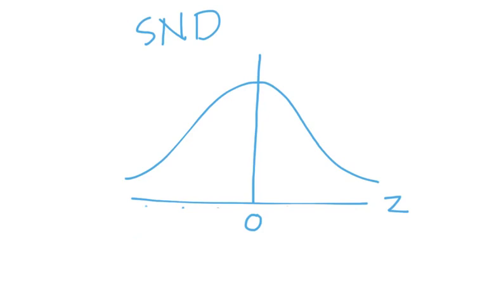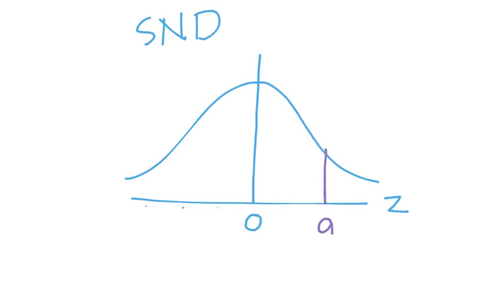The probability in our table, which we are going to use in our syllabus, is always given for the positive value of z score, on the positive side. Let's say the positive z score is somewhere around here, let's say it's a.